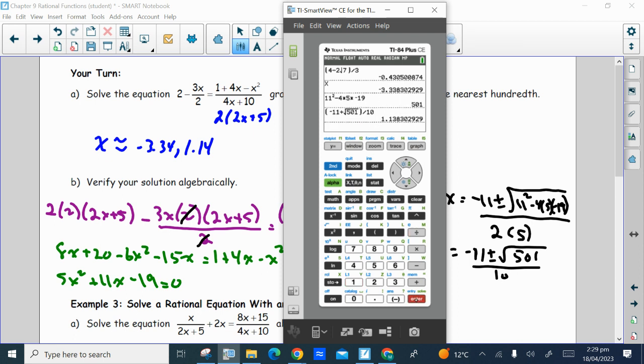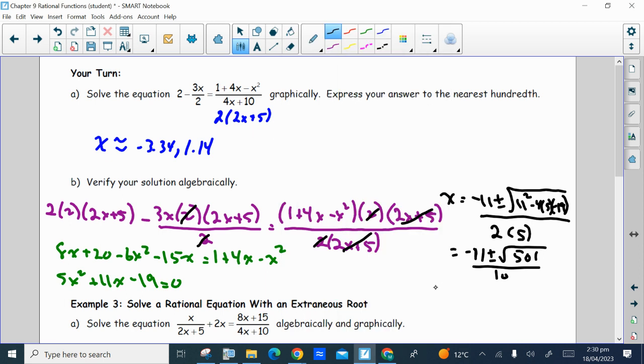So there's our 1.14 answer. And then negative 11 minus the root of 501 all over 10. There's our negative 3.34 answer. So it verifies.